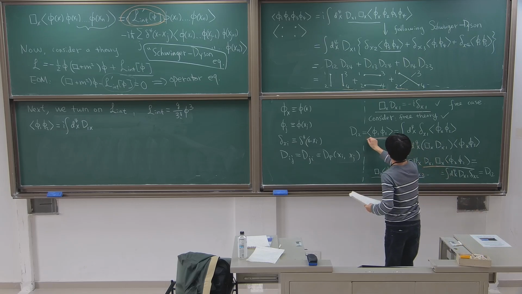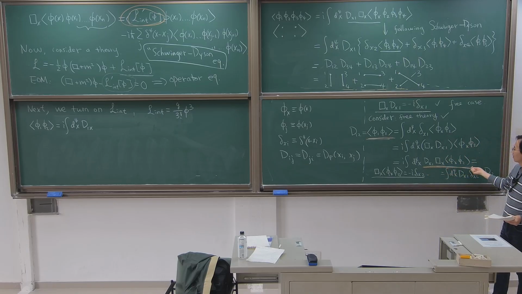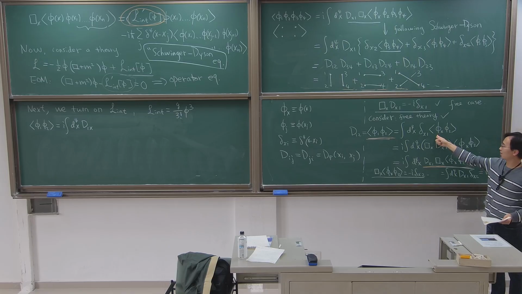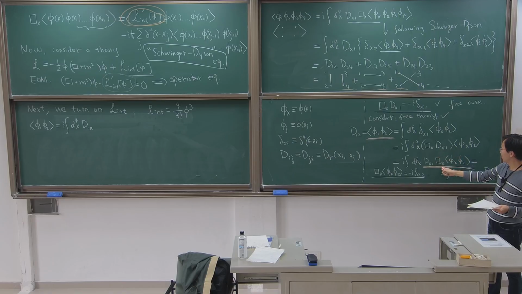If I take use of this result, I have to be careful. This step to this step is still true. It's nothing but a delta function insertion. This step to this step, is it true? That step is not true.